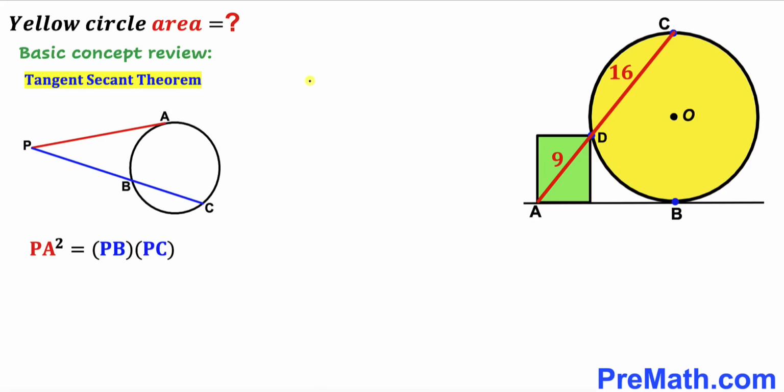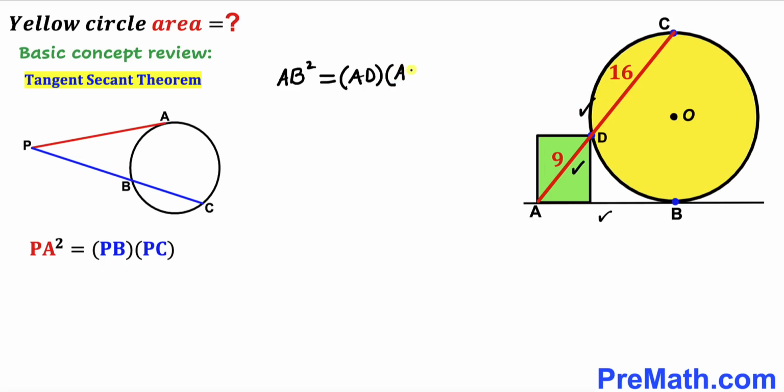So we can write this tangent AB whole square equals this segment AD times the whole segment AC.